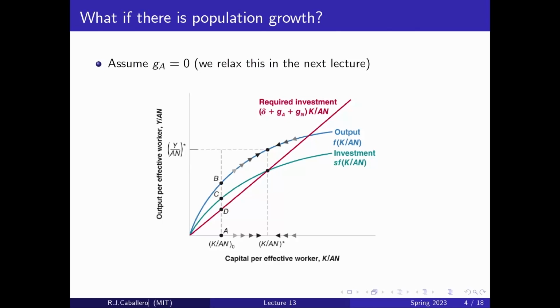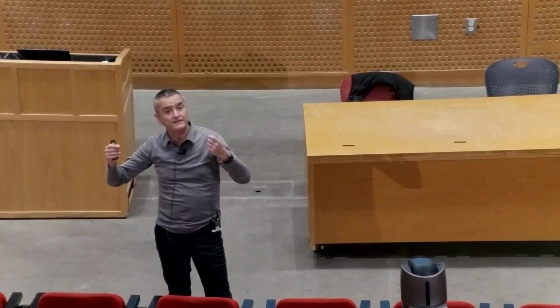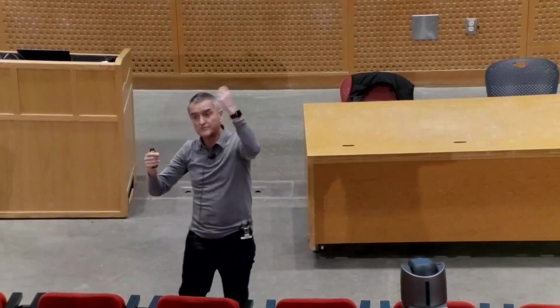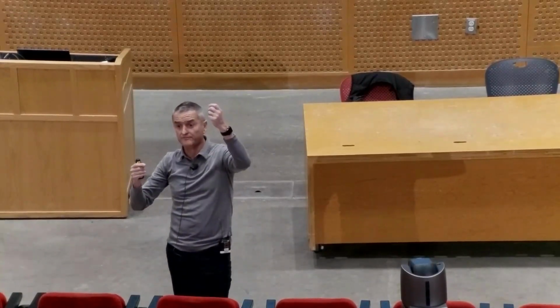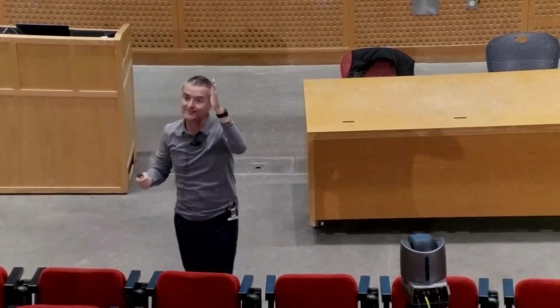Here, it's still the case that in a steady state, output per person is not growing, okay? But since population is growing at the rate gN, output must also be growing at the rate gN. That's what will keep output per person from growing.